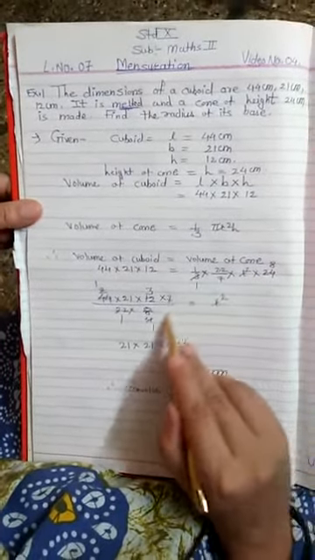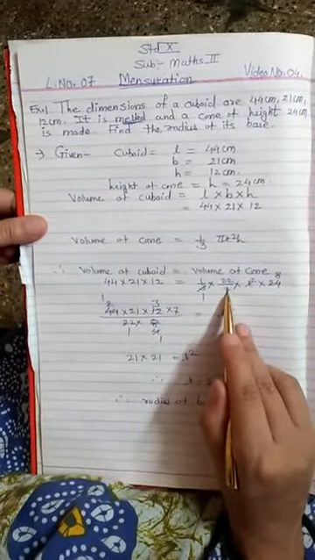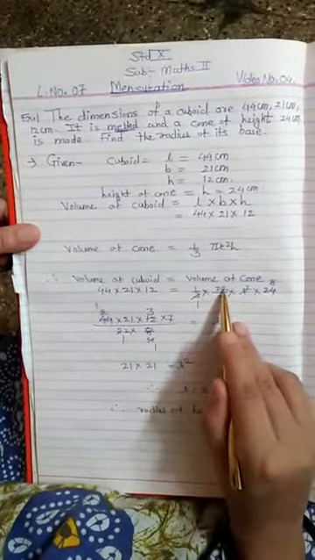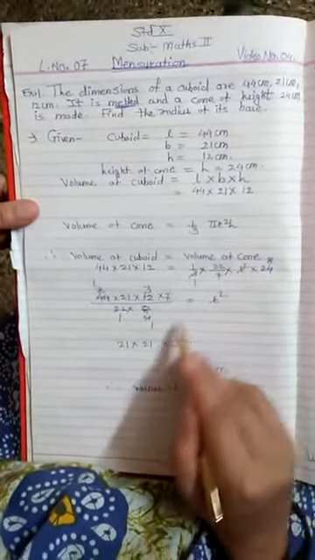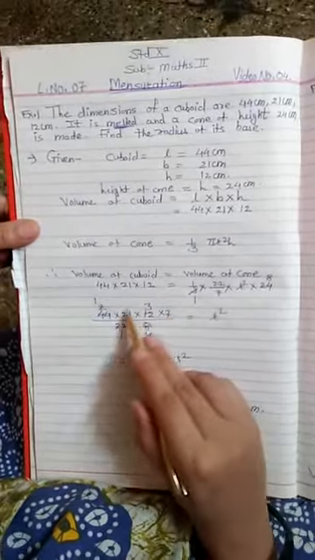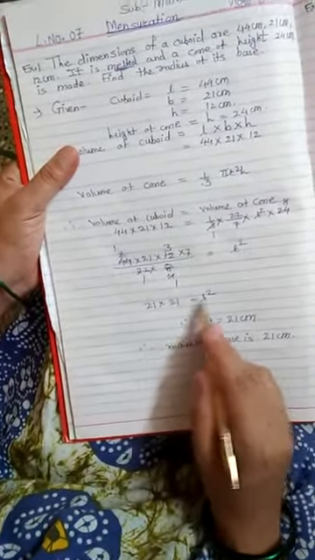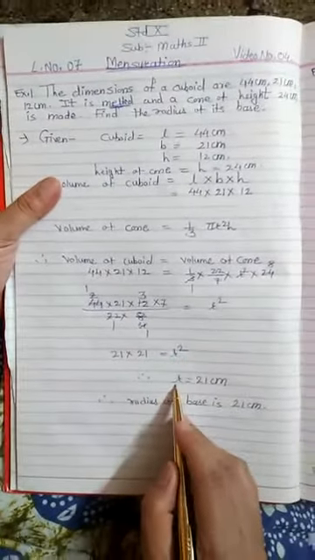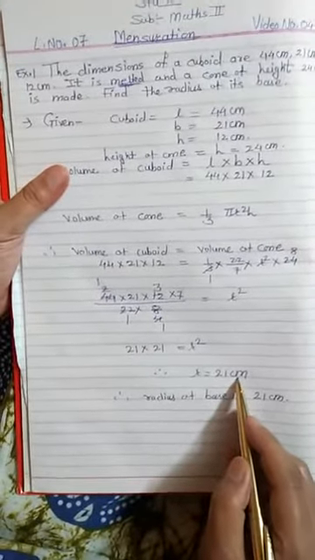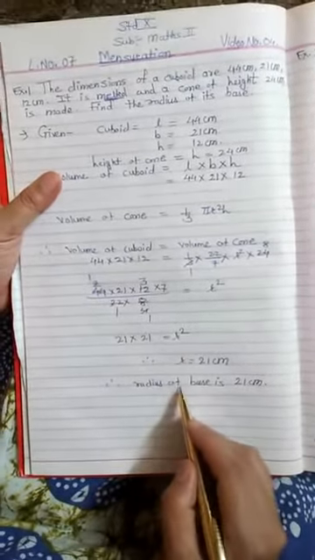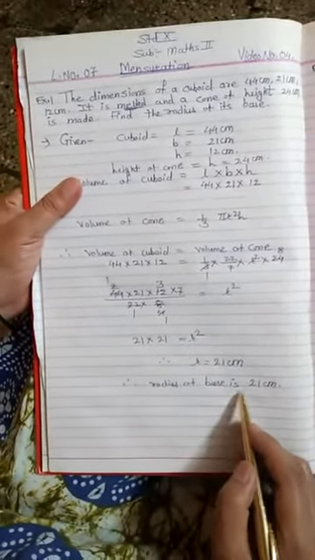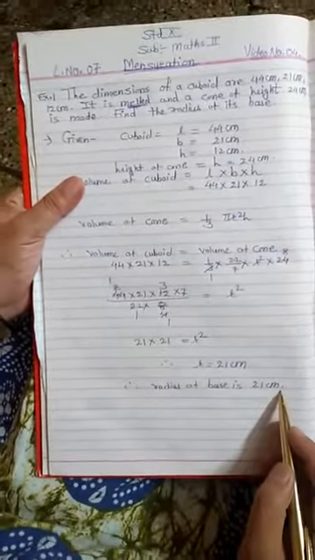Shift all the numbers here, so this denominator goes up and this numerator goes down. Do the calculation, children. You will get 21 into 21. This is r square. So r is equal to 21 centimeter. Therefore the radius of base is 21 centimeter.